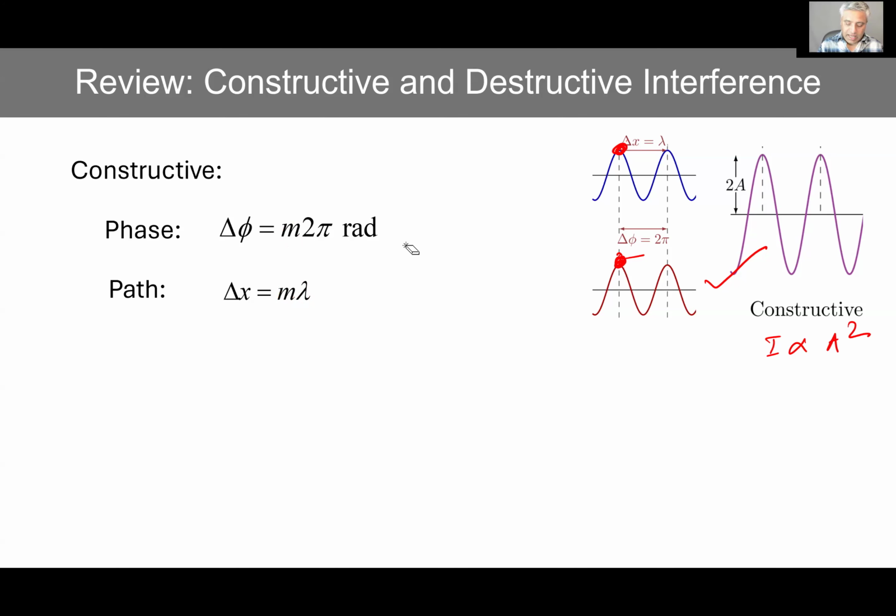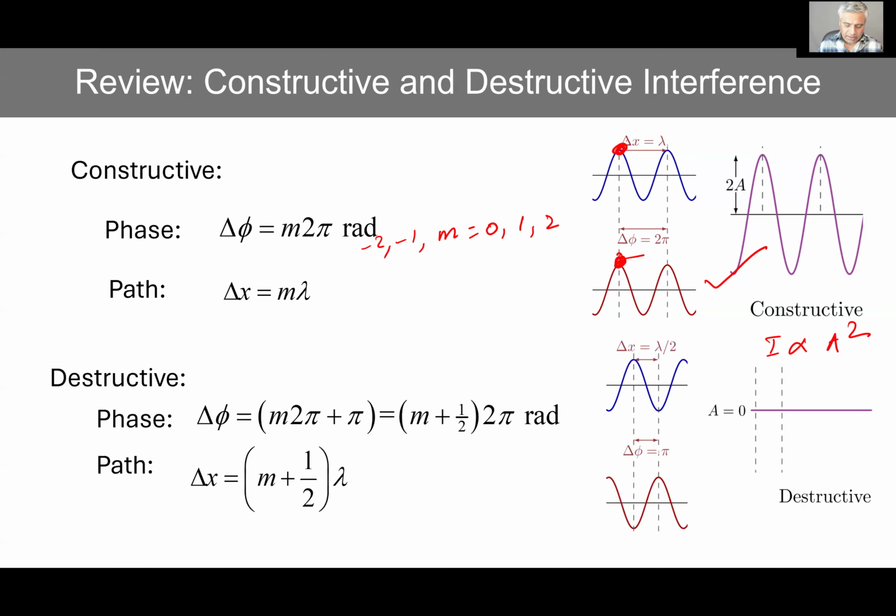So m is a number. m could be 0, 1, 2, and so on, and of course could be -1, -2, etc. as well. That is the condition for constructive interference.